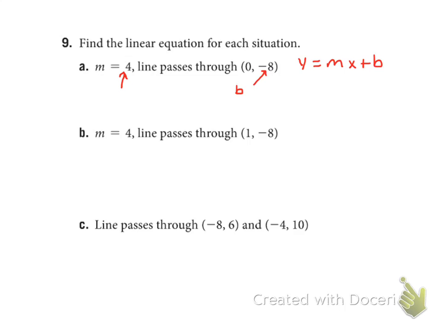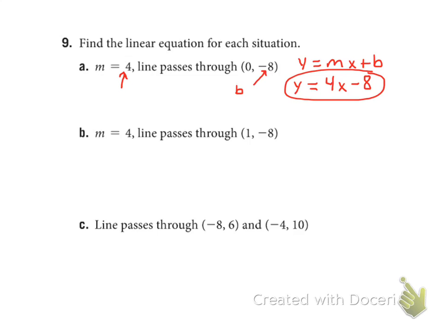So we just need to substitute those numbers in and we're done. y is equal to, the slope is 4, and the y-intercept is negative 8, and there's our answer. It's nice when they give us the slope and the y-intercept.